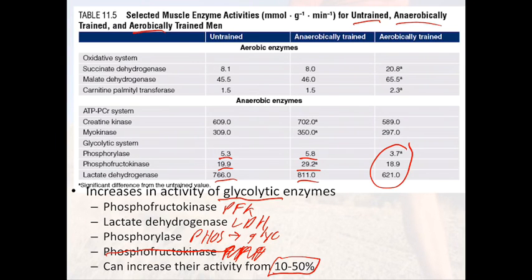The aerobically trained athletes did not improve those. This study also looked at creatine kinase, and they saw a nice jump in creatine kinase as well as myokinase, whereas the aerobically trained did not. But as you would expect, aerobic training led to increases in the aerobic enzymes, but not the anaerobic enzymes. So there are some specific adaptations in enzymes depending on which type of activity the subjects are doing.